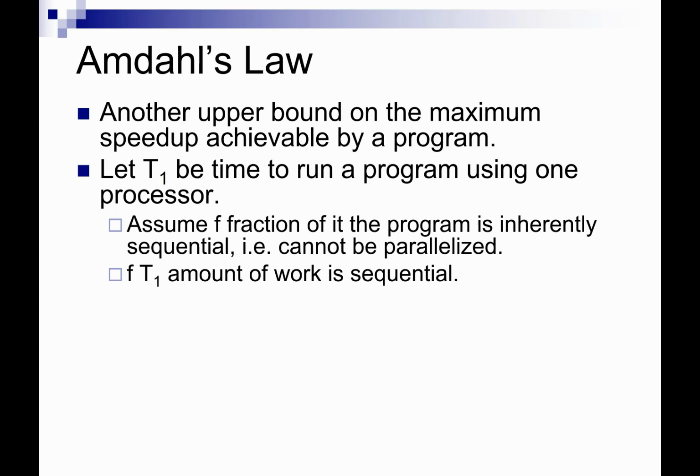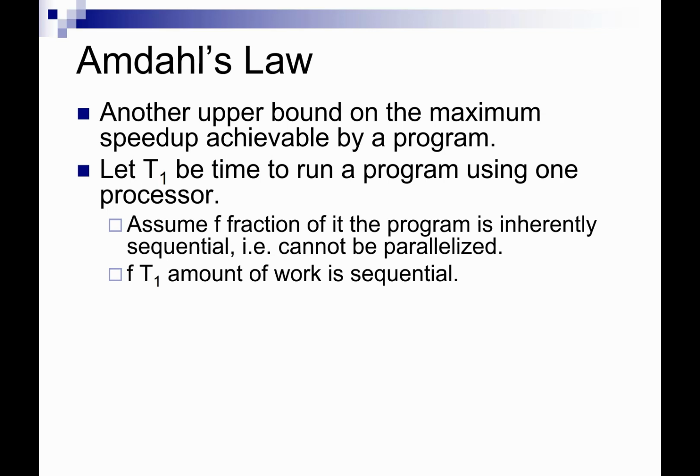Now, we're going to assume that part of this program is inherently sequential. So no matter what you do, you cannot parallelize a part of this program. There are some things which are sequential, for example Dijkstra's algorithm. This is hard to parallelize, and there are some things that you just have to do sequentially. So we assume that you have f fraction of this program that you have to do sequentially.